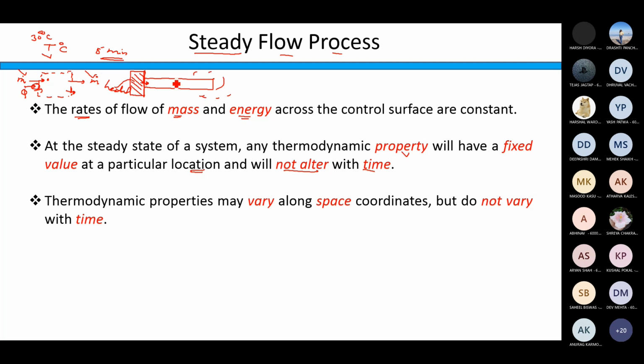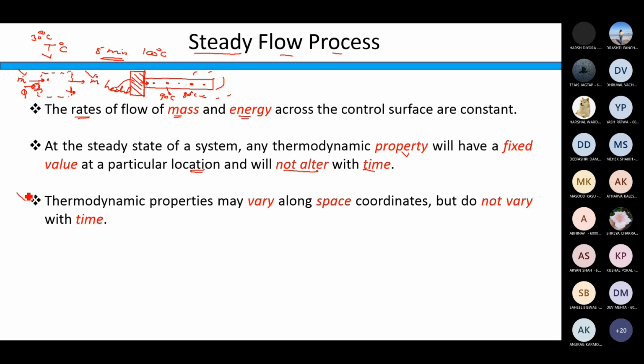What we observe is under the steady state, the temperature at any location on this bar will be constant. If I take this point, the temperature may be, let us say, 100 degrees centigrade. So it may vary along the length of this bar. Here it may be 90 degrees C, it may be 80 degrees C here, but at that particular location, it is constant with respect to time.